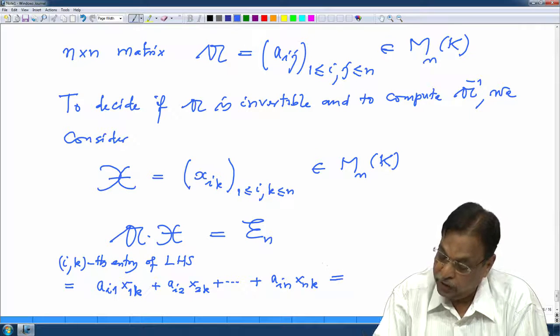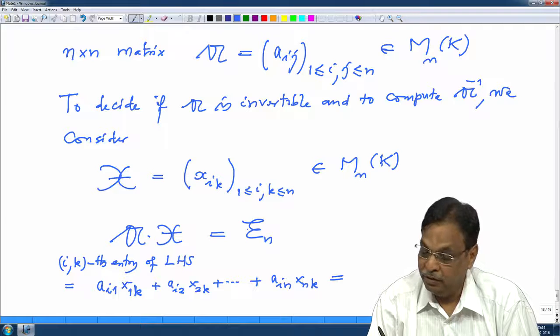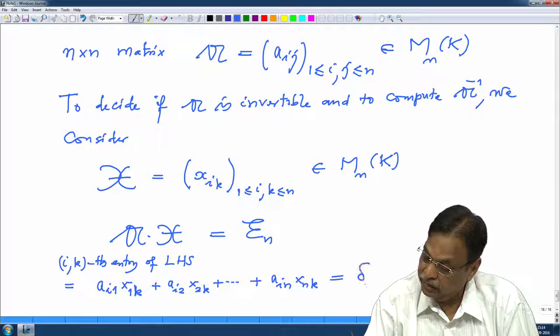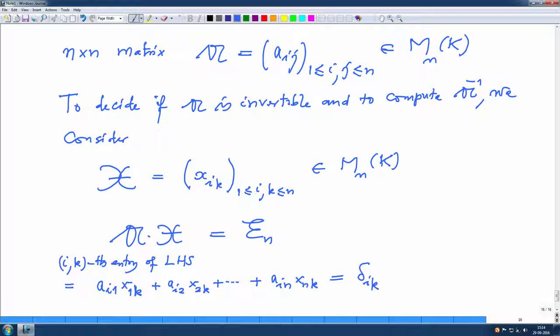This is equal to the ikth entry on the right side, but the ikth entry is delta_ik. This is the Kronecker symbol.